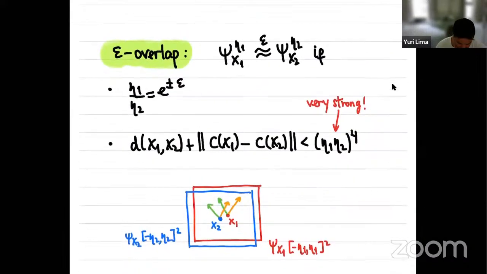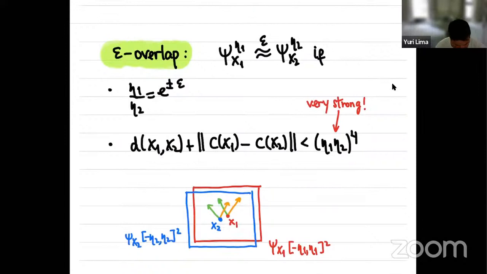So here is the picture. Not only the splittings have to be similar, but also, and I will not prove it, but it is necessary, that the parameters S of x1 and x2 are also very similar. The parameters U of x1 and x2 are also very similar.